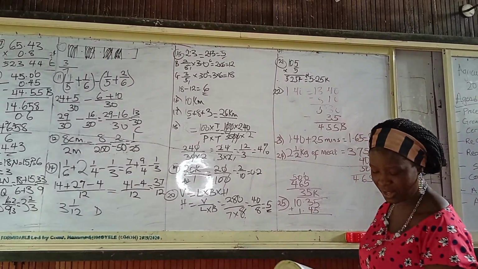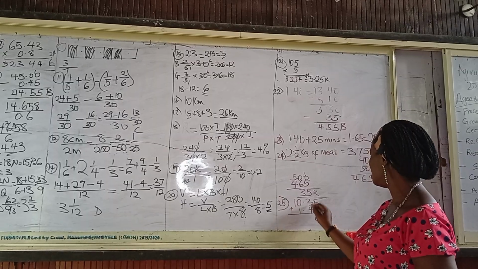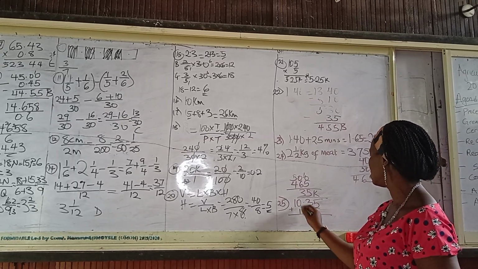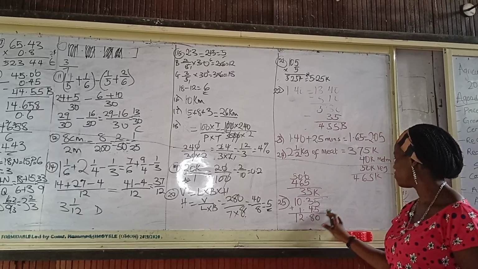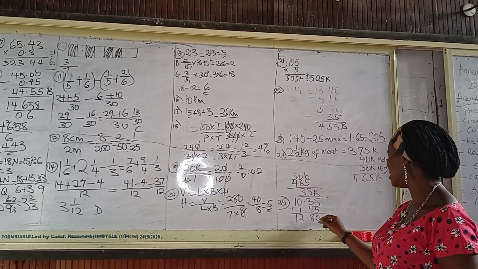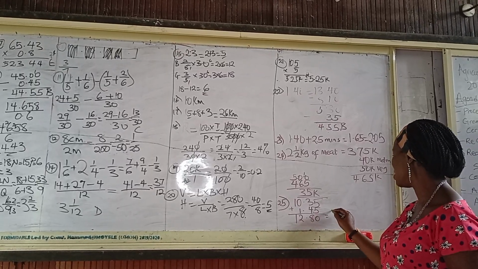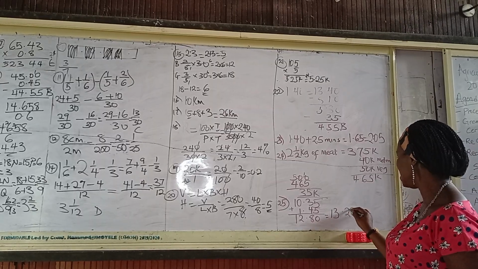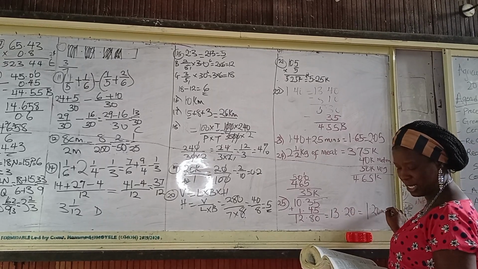We are adding it together to know when. 5 plus 5, that is 10. This is 7 plus 1 making 8, 1 making 2. So we have 12 hours 80. So take away 60 from this 80. That will make it 13 hours 20 minutes, which is the same thing as 1:20 p.m.